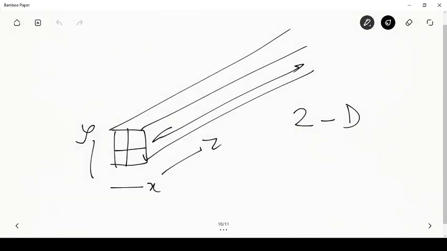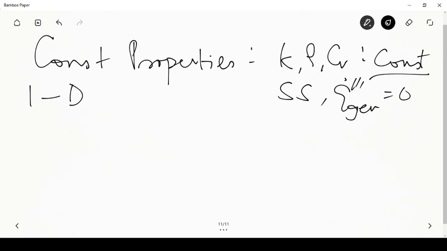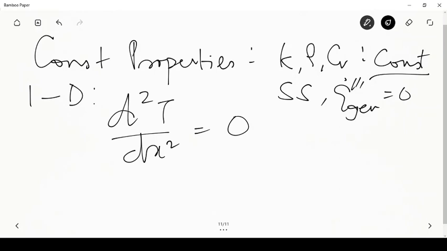so I get the one-dimensional conduction equation. So I also add the assumptions steady state and q dot triple prime gen are 0. These are the assumptions that we make. Then the one-dimensional equation simply becomes d squared T by dx squared is equal to 0, because that is the only term that remains.